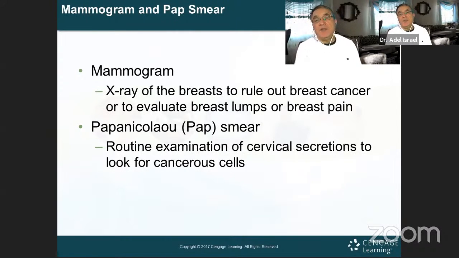But if it is modified with a special procedure within the machine, we can take an X-ray of the flesh of the breast of the female. So this is a very important test to be done for ladies frequently to detect early cancerous cells.